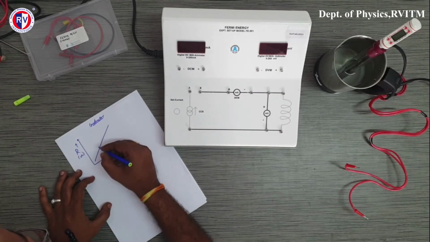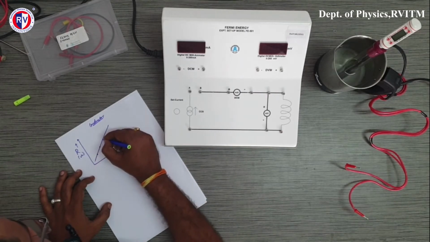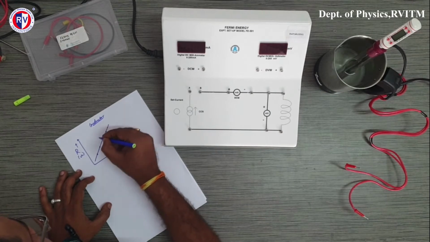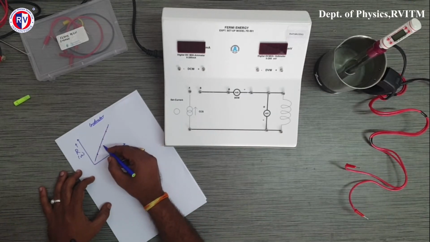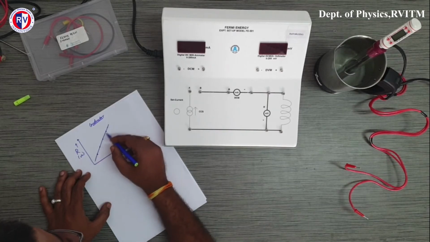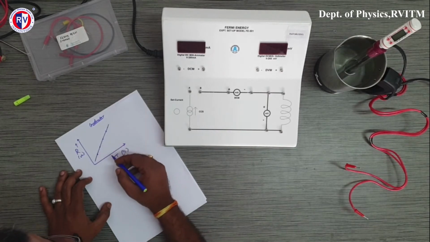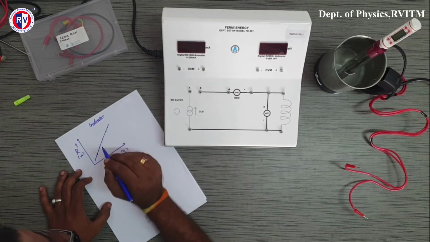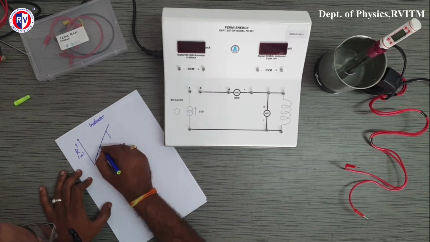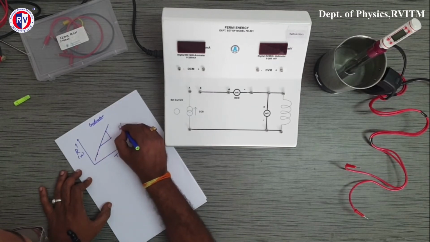Therefore, we expect a straight line, even if one or two data points deviate, they can be considered on the line. The maximum number of points should lie on the line, such that we draw a straight line and can calculate the slope.